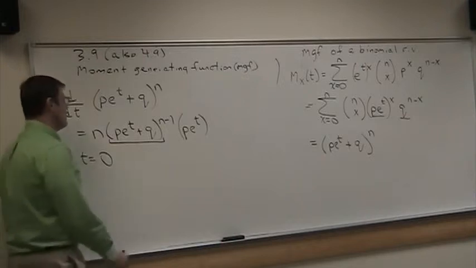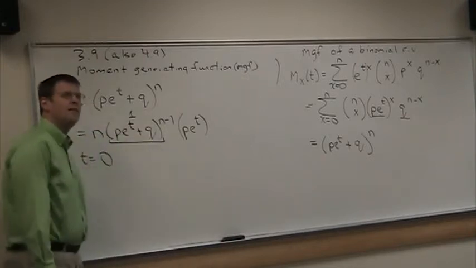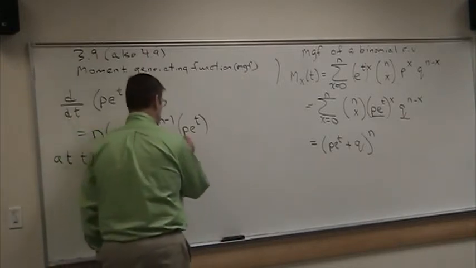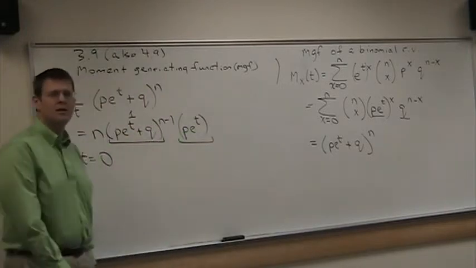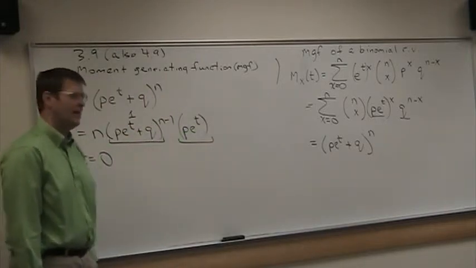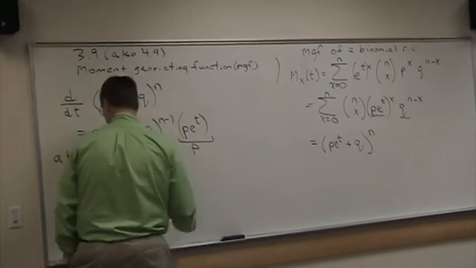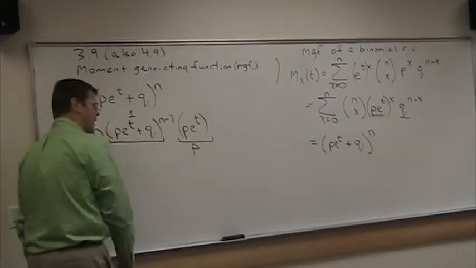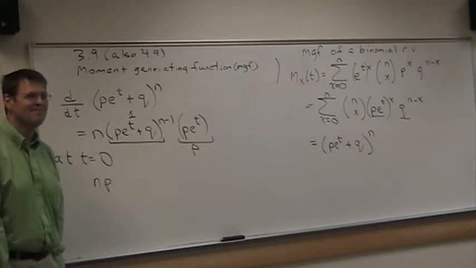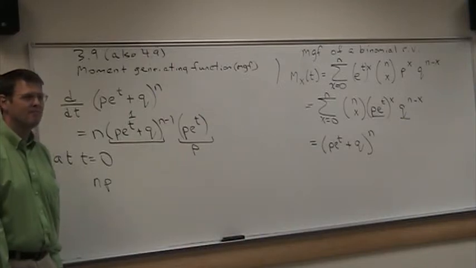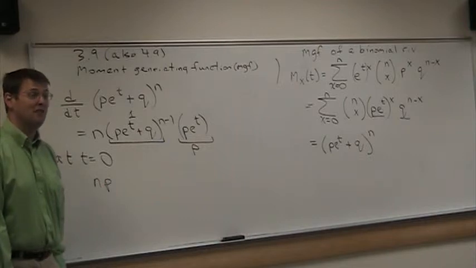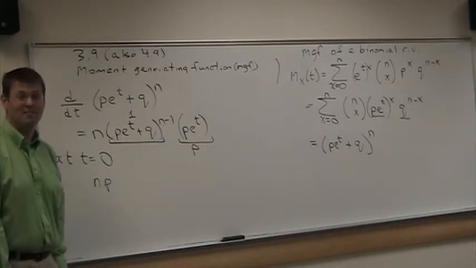So all of this is 1, and this piece becomes p. So we get n times p. Heck of a lot faster than when we did it the other way, right?